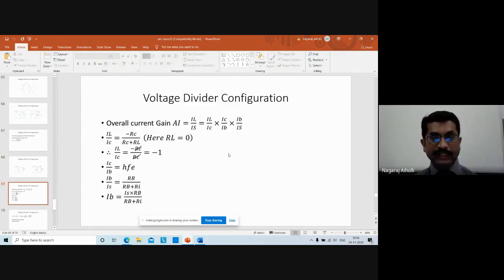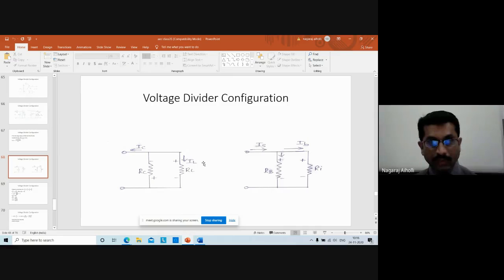Note how we are writing the equation for current gain. The main equation is current gain is total output current by total input current. The total output current is the load current IL, and the total input current is the main input current, II or IS. That is IL by IS.